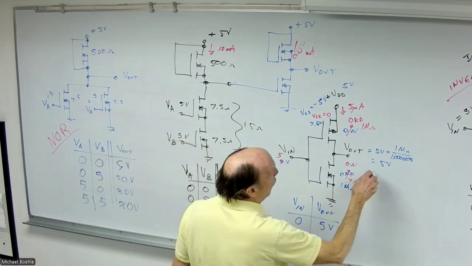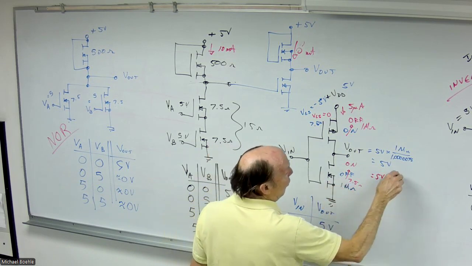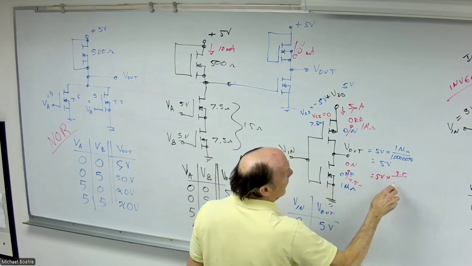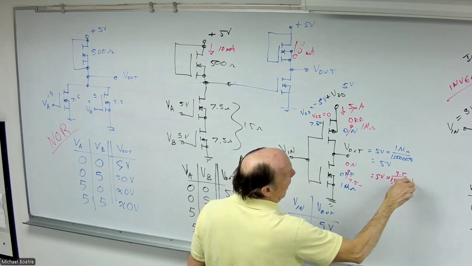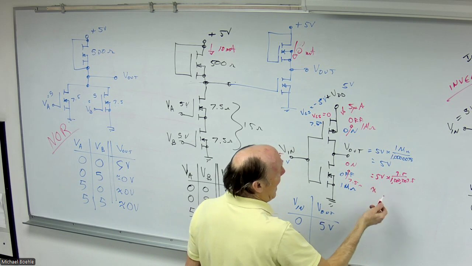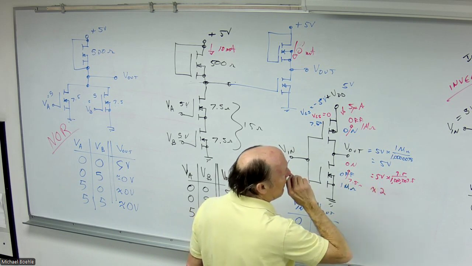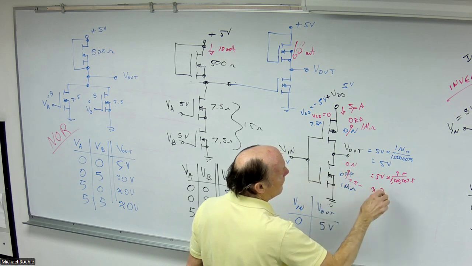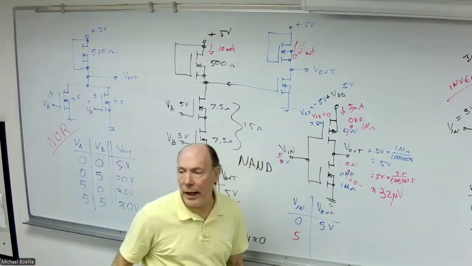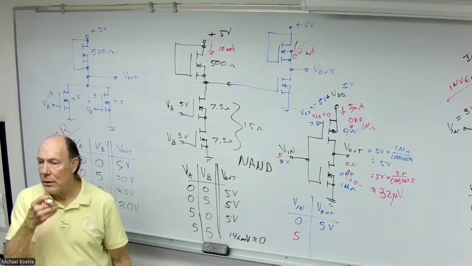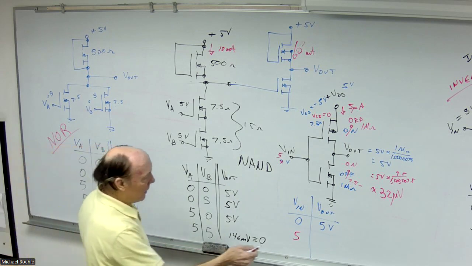And now my output voltage becomes 5 volts times 7.5 ohms divided by 1 million 7.5 ohms. Or in other words, about, let me do my math here, I'm sorry, about 32 microvolts, something like that. Close enough. In other words, 0.